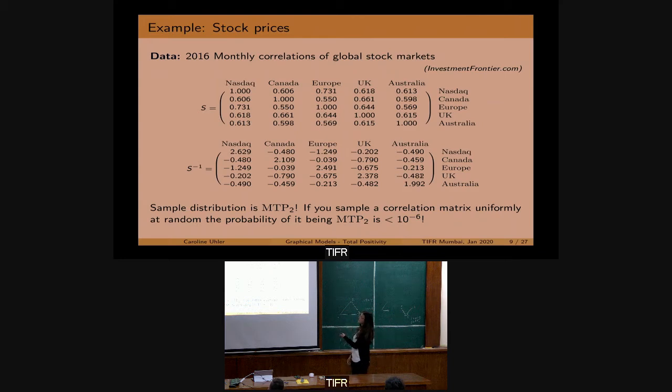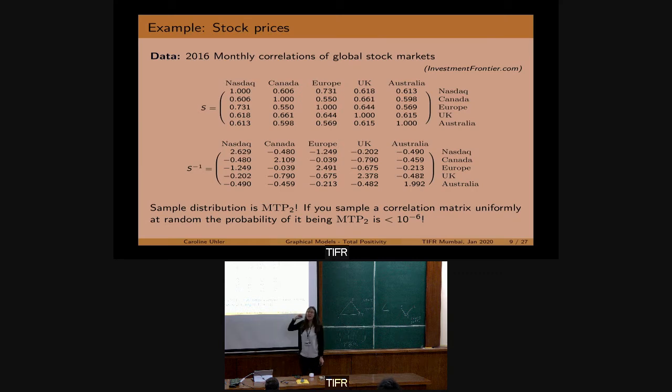So, already kind of nice that in the sample covariance matrix, all of the entries are positive. I took its inverse, and this matrix is exactly MTP2, okay? All of the off-diagonal elements are negative. Now, here I don't know the exact number, I'm just sampling correlation matrices. I'm just checking how often a 5x5 correlation matrix has all off-diagonal elements smaller or equal to 0.